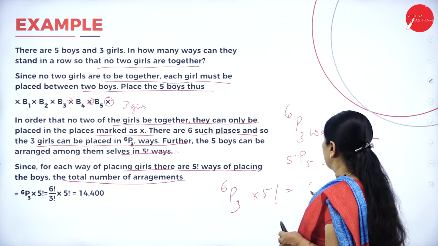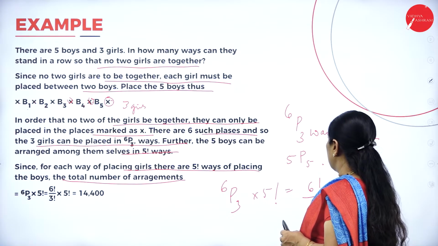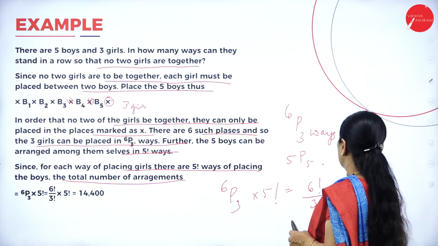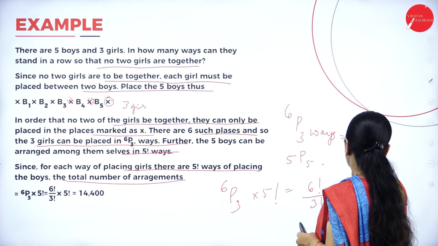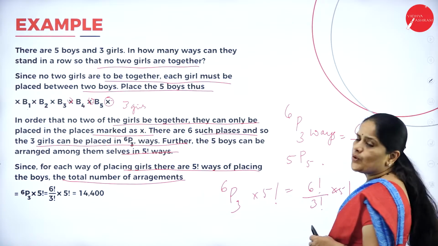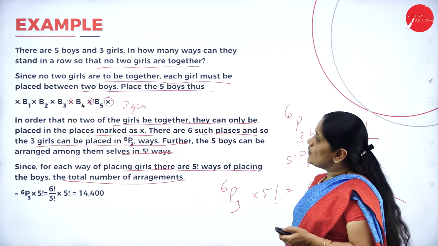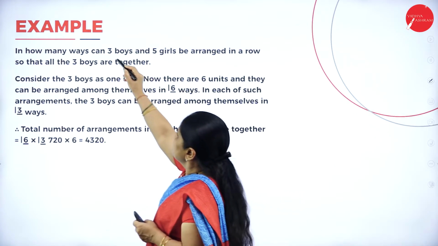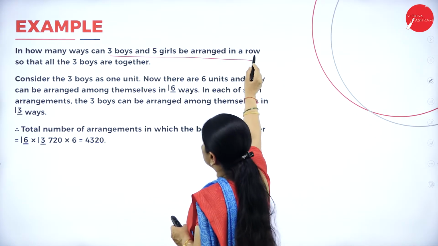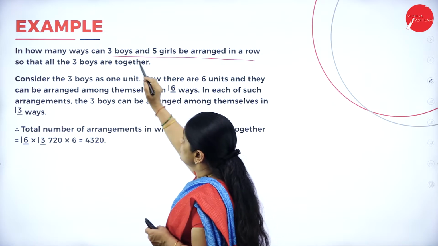So this will be equal to 6 factorial by 3 factorial into 5 factorial. That is, we can arrange them in 14,400 ways.